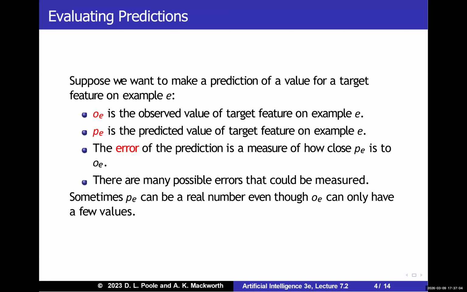Now let's talk about evaluating predictions. Once a model begins making predictions, we need a way to measure how accurate those predictions are. This slide introduces the basic idea of prediction error, which represents the difference between the predicted value and the actual observed value.